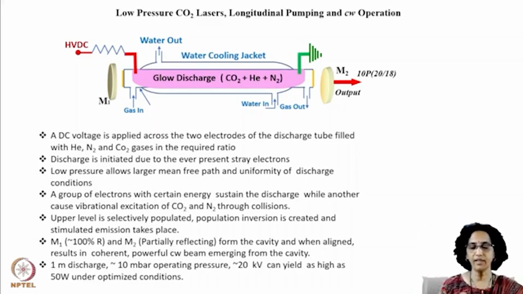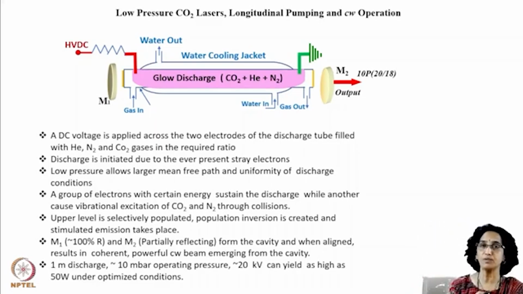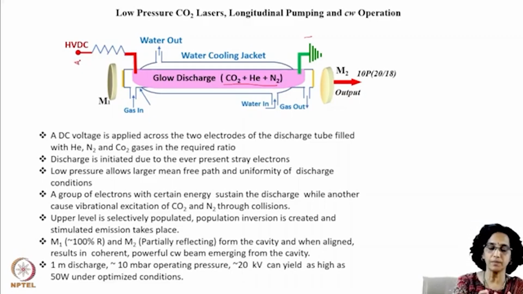So we already know how a low pressure CO2 laser operates. You have the CO2 laser gas mixture, CO2, helium, and nitrogen, which we know why we are taking now. And this is taken at a low pressure, maybe around 10 to 15 millibar, and is subjected to an electric field by application of a high voltage between the two electrodes.